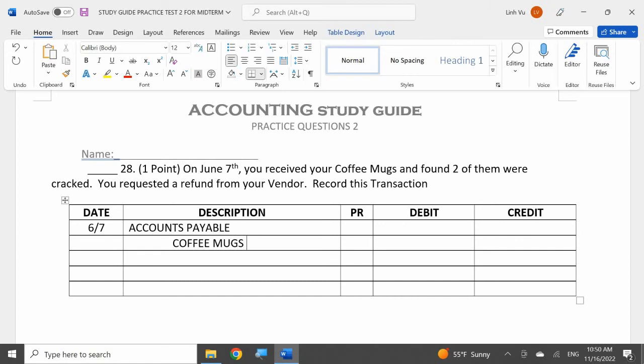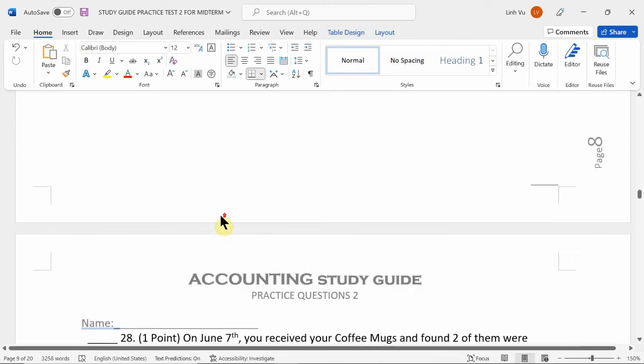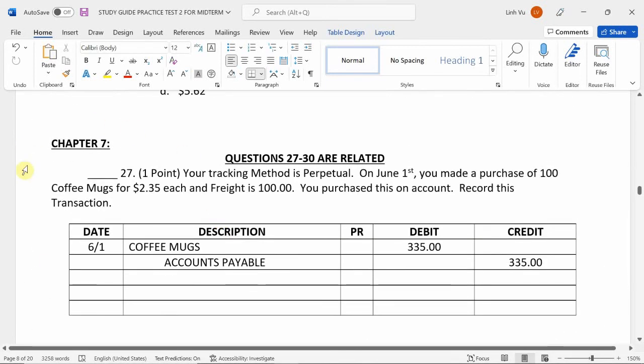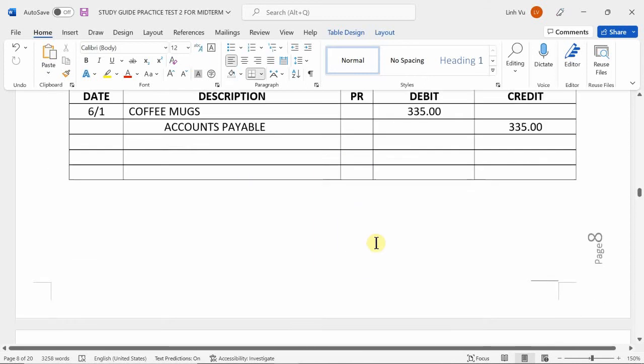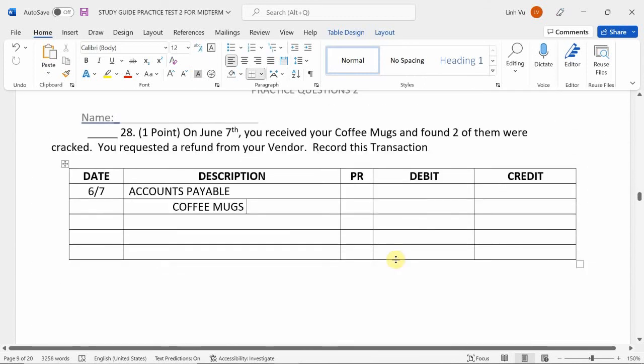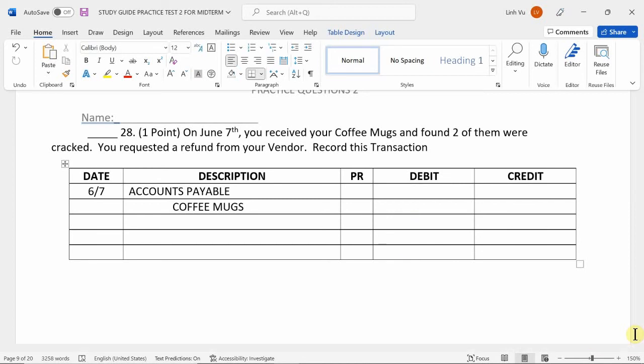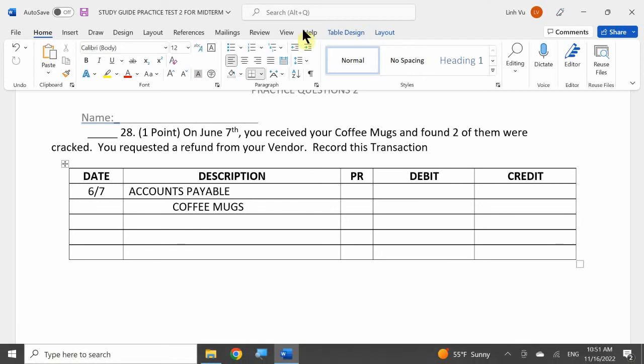Now in this case, 2 of them were broken. So at what unit price did I originally purchase all of my mugs? In this case, I purchased them at $2.35. So therefore, 2 times $2.35 is going to give you your $4.70. So $4.70. Okay.